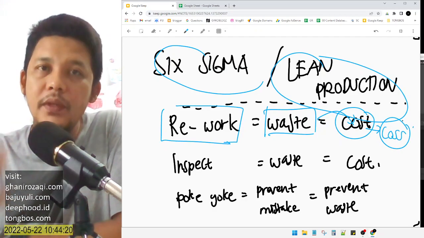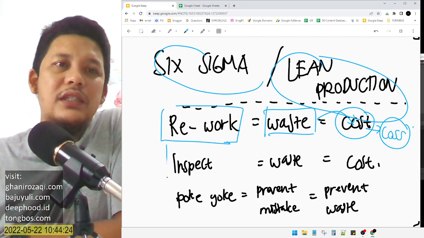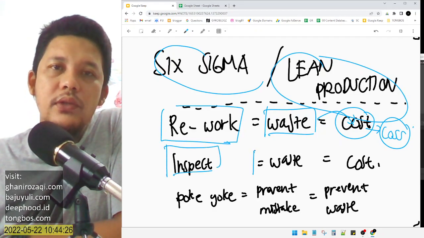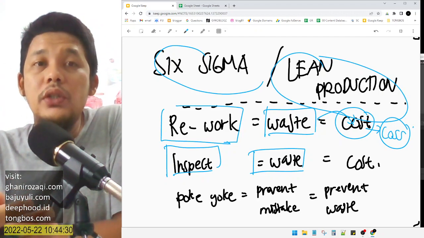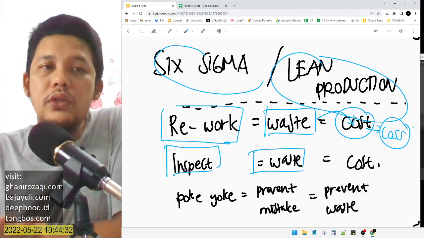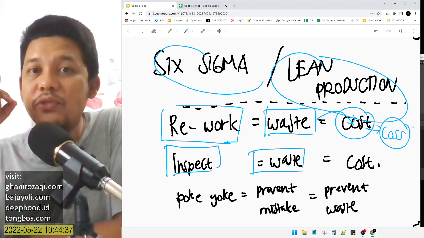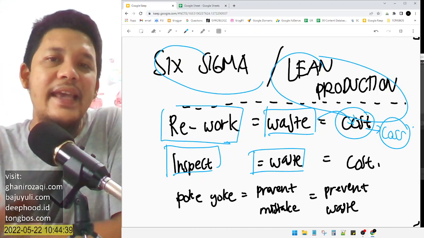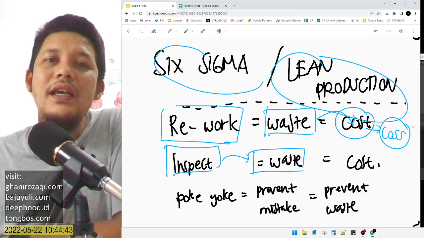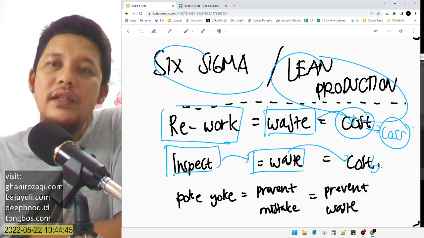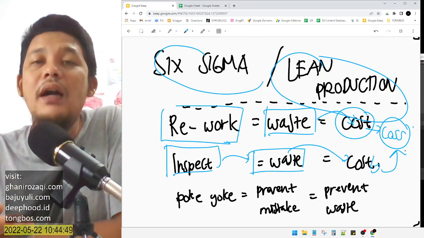The second one is inspection, also waste. If your employees are working on something, and you have to check it daily, day by day, hour by hour, it means waste because it is costly, and the cost makes your company incur a loss.